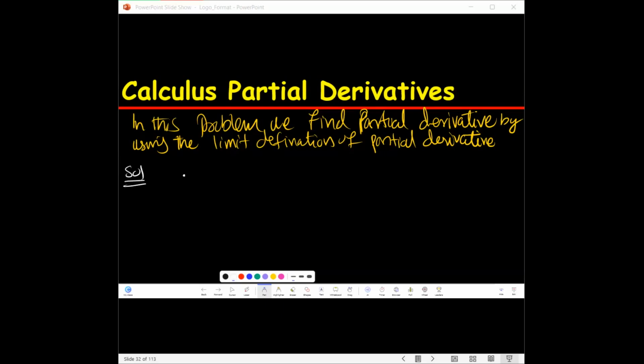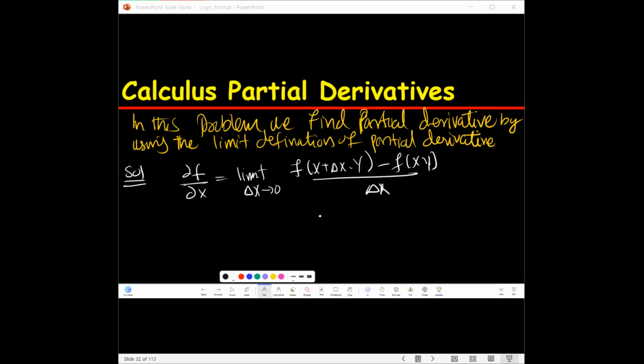Just to remind, the partial derivative can also be written in limit form: the limit as delta x approaches 0 of f(x plus delta x, y) minus f(x, y), over delta x.